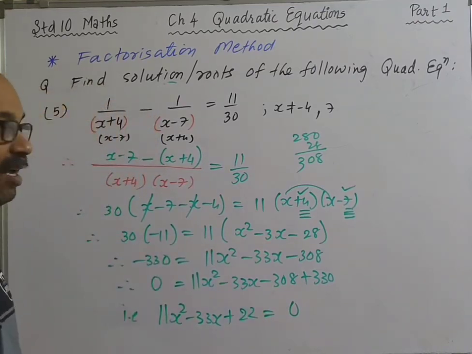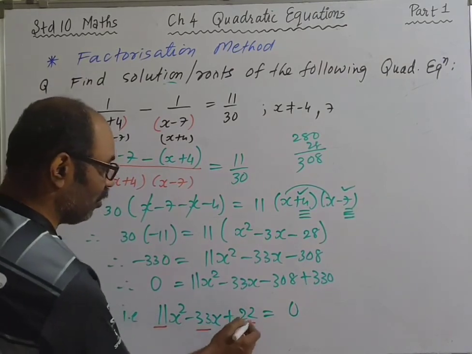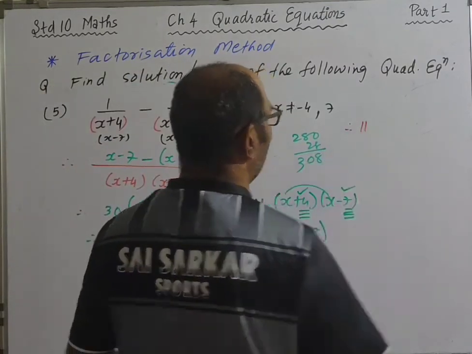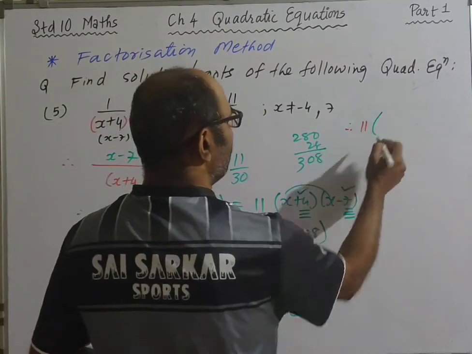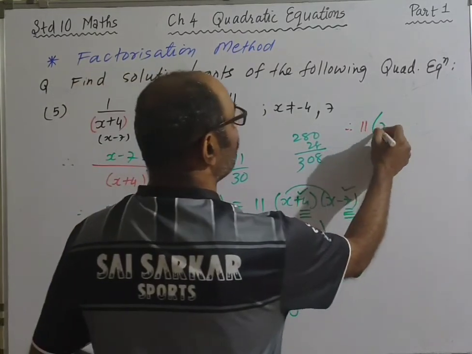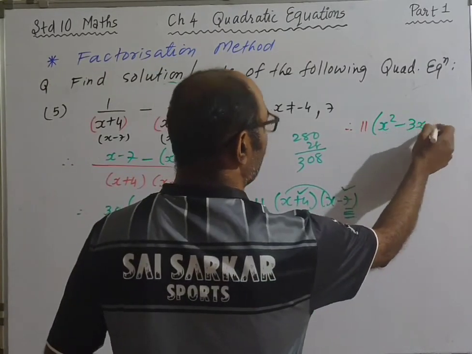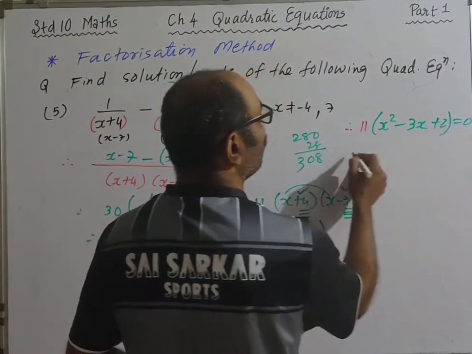Children, this can be reduced and simplified. In 11, 33 and 22, 11 is common. Therefore, take 11 common. After taking 11 common, what do you have in the bracket? 11 into x square minus 11 into 3 into x plus 11 into 2, that is equal to 0.